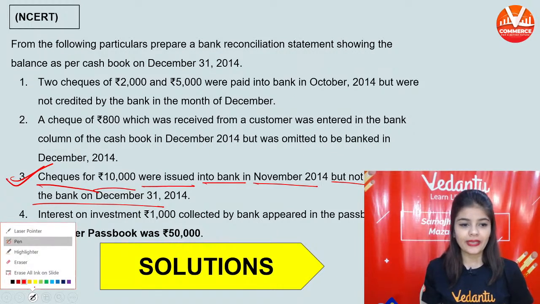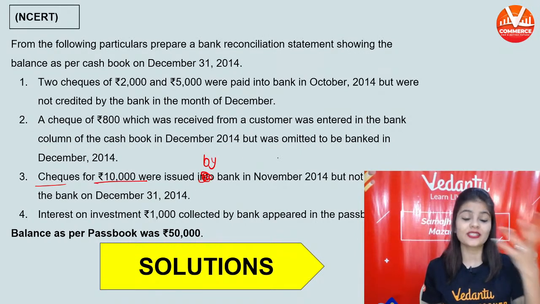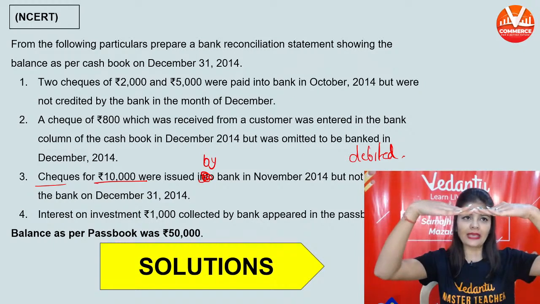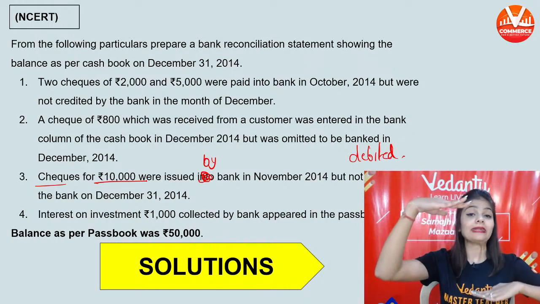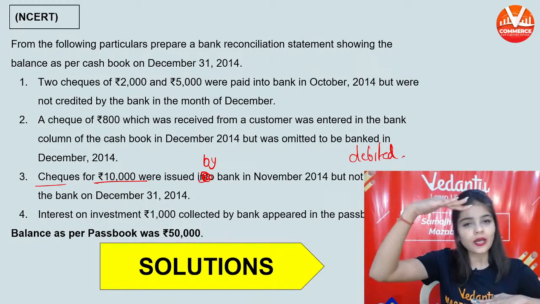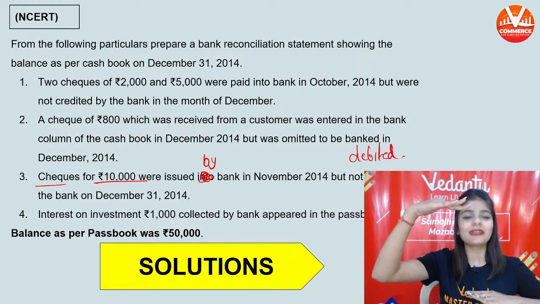So please make some changes. यहाँ पर होगा: check for 10,000 were issued by bank, because it is issued by bank and it is not debited by the bank. So आपने चेक इशू किया, कैश बुक से माइनस हो चुका है 10,000. What will you do in the passbook? क्या करोगे पासबुक में? Yes, Natural Beauty. It will be debited. Well done, Vijayan. That's why I said there is some error. It will be debited. It is written credited here.